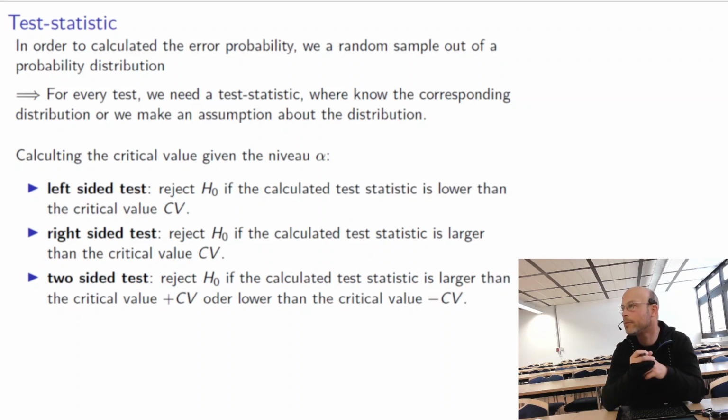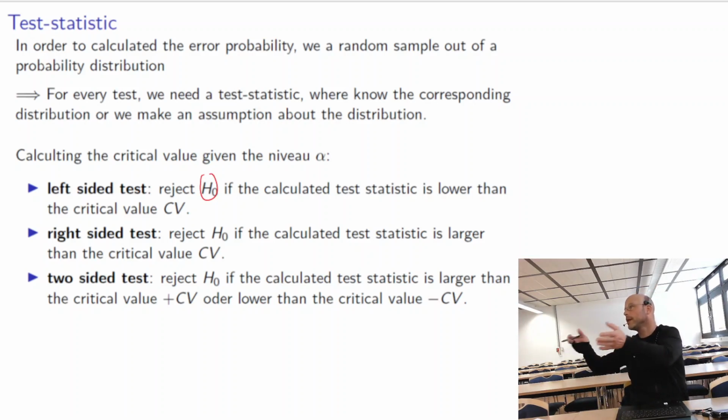Given error probability 5%, do I have to reject my null hypothesis? Null hypothesis is the starting point. Mostly I say my null hypothesis is the awareness has not increased, nothing has changed.